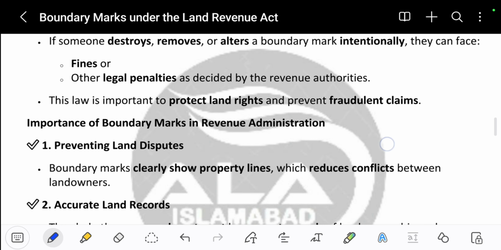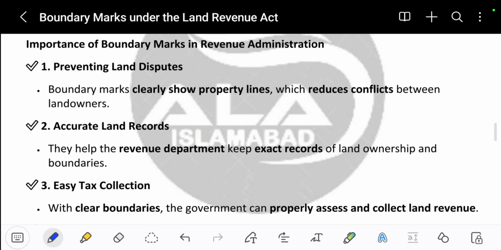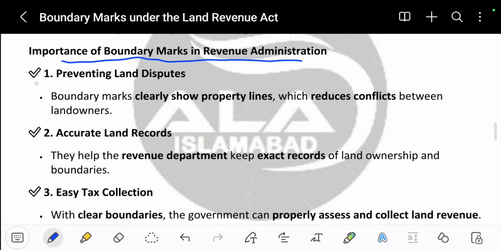Now we have the next heading based on importance of boundary marks in revenue administration. So these points you're seeing here are basically the important points you have to write. First is preventing land dispute. Boundary marks clearly show property lines, which reduces conflict between the landowners.